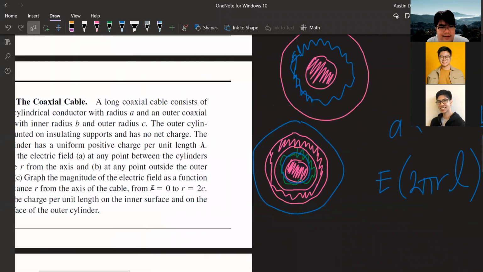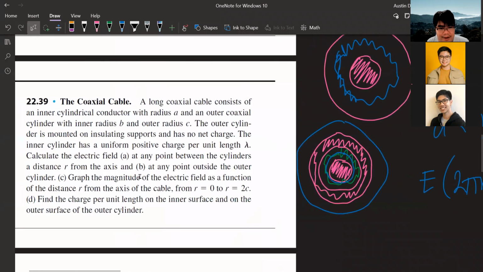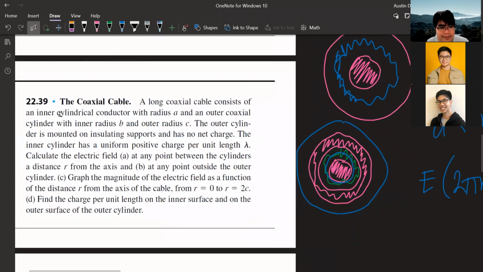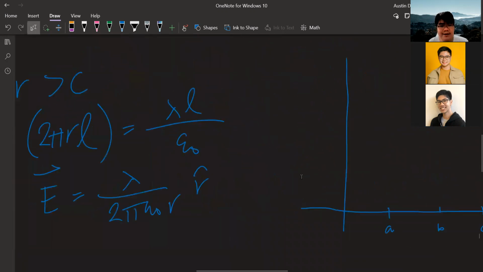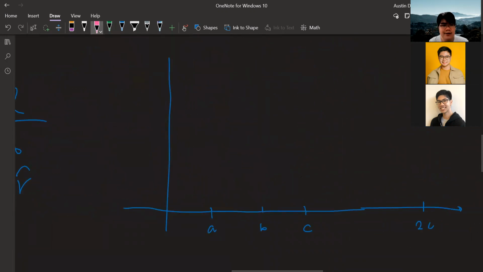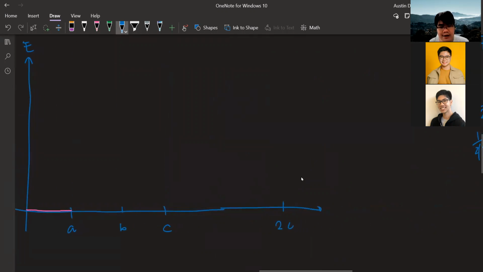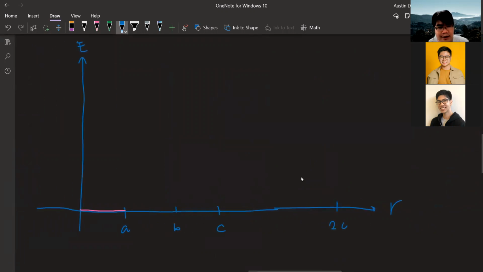Okay. From 0 to A, ano yung electric field natin? Conductor with radius A. So in this region, from 0 to A, therefore it is 0. So we draw a line here. This is 0 siya. Sorry, hindi ko nalagyan ng electric field. It's a function of the radius.